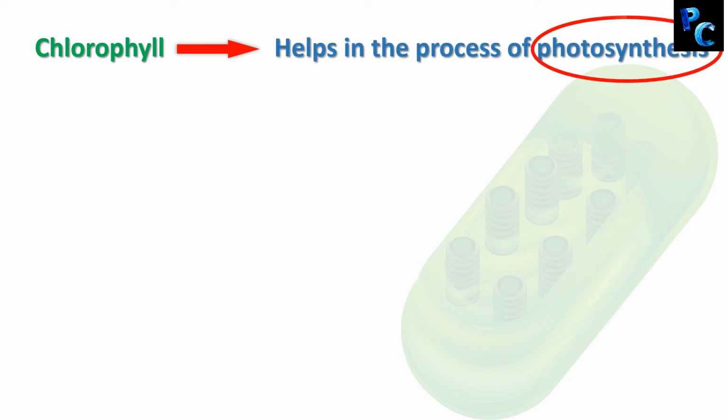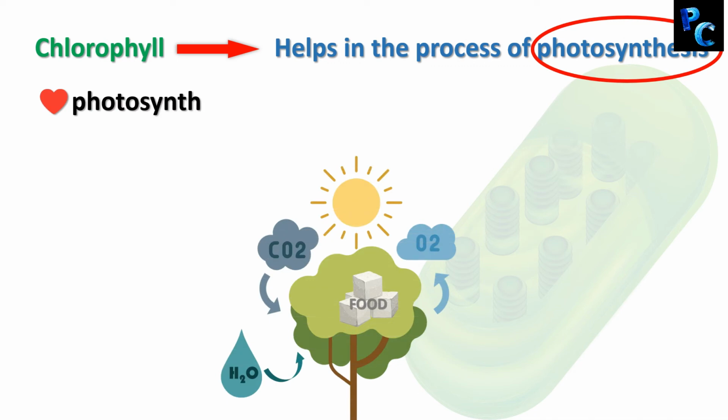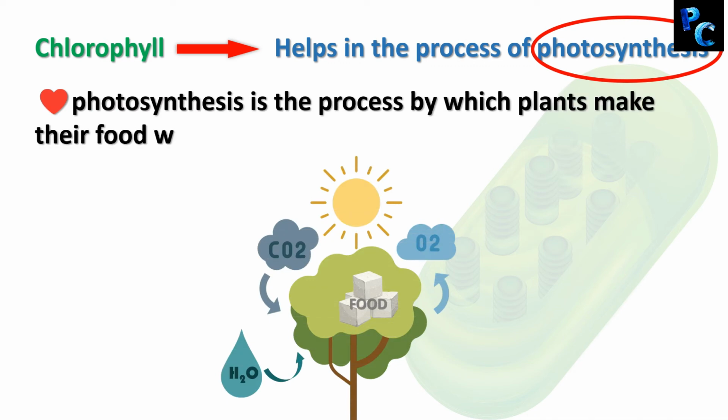Now, what is photosynthesis? Photosynthesis is the process by which plants make their food with the help of solar energy, that is with the help of sunlight. So here you can see a plant. On the top, sun is there. Now the plant takes carbon dioxide and water from the environment and makes food inside it and oxygen.